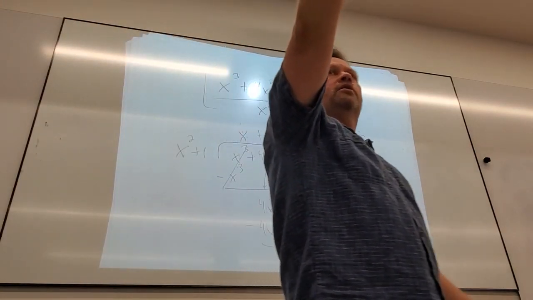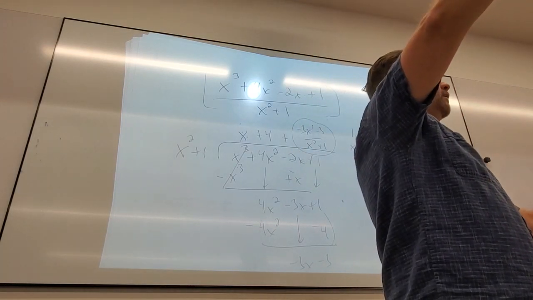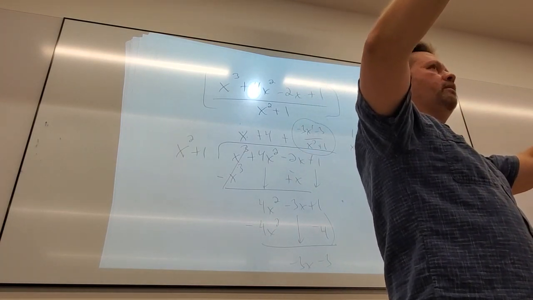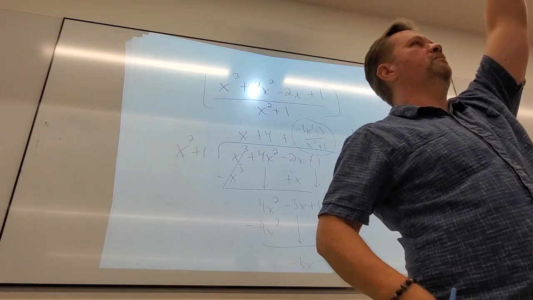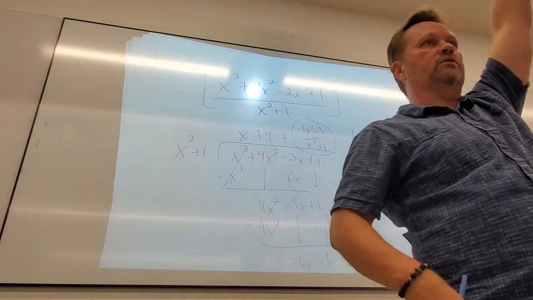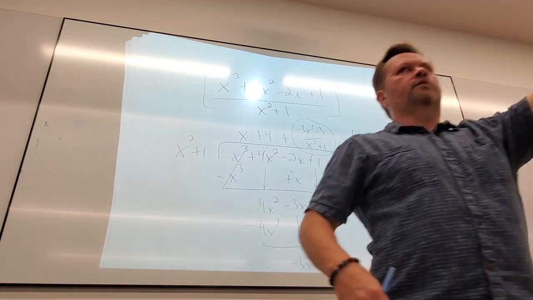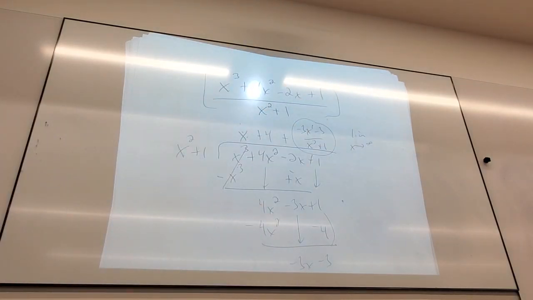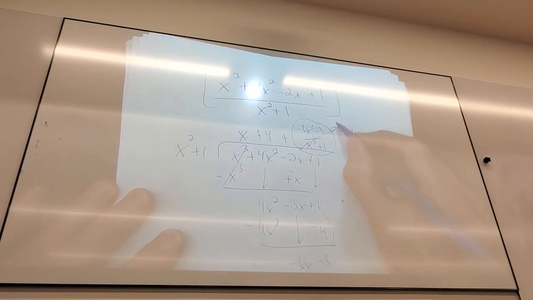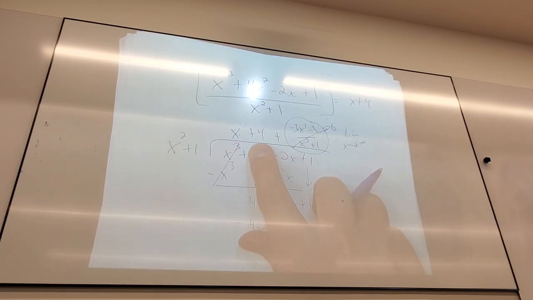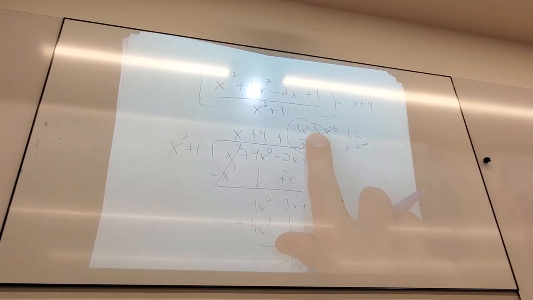If I let x get big, it's going to go to 0. You guys all with me? That will always happen with the remainder because the remainder is always going to be a smaller degree. So if I let x get really big, this whole thing basically looks like x plus 4. That's what we just proved, because this piece of it goes to 0.